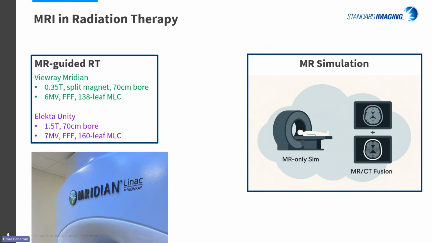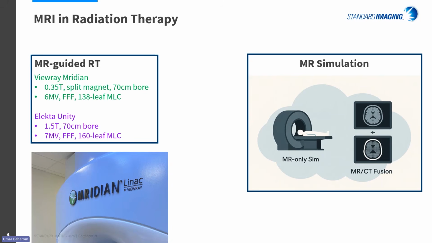And then in radiation therapy itself, there are really two main uses of MR. One is MR-guided radiation therapy, where you have vendors and machines such as the ViewRay Meridian, which is a 0.35 Tesla, has a split magnet, 70 centimeter bore, 6 MV FFF, and a high resolution MLC.